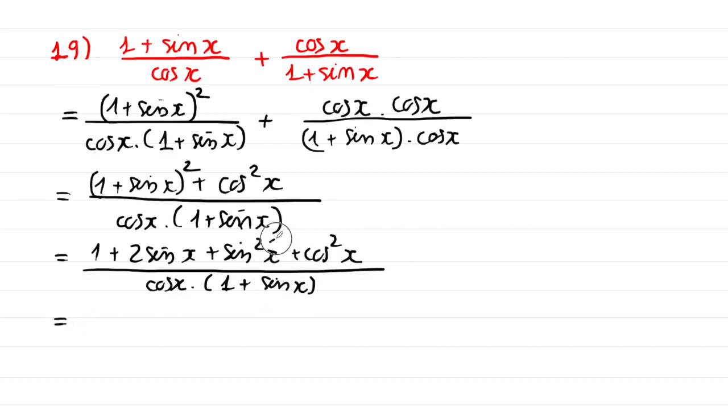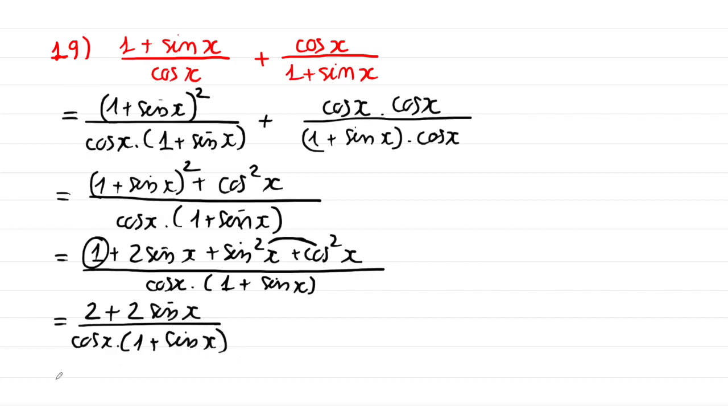How about sine square and cos square? Sine square plus cos square, you got 1, and you already have 1 here, so they become 2. 2 plus 2 times sine x, and the denominator you have here. Okay, so take 2 outside, just like a common factor.